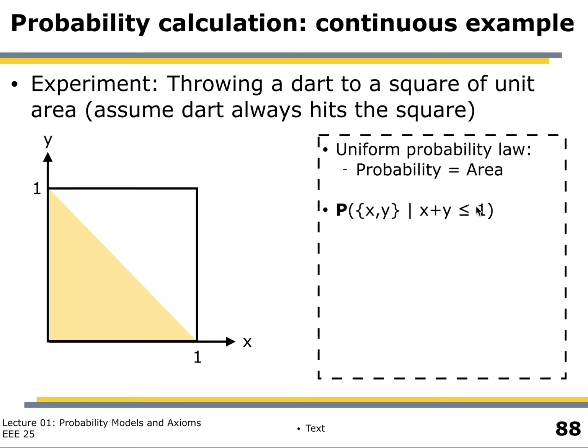Since we have this inequality sign right here, we just need to choose between the two regions. Since this one is less than 1, we choose this area right here. Looking at it, we see that the yellow region right here is actually half of the total area of the square. And so the answer to this probability question is 1/2.